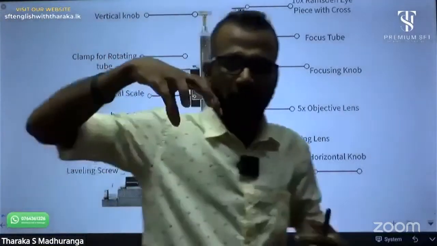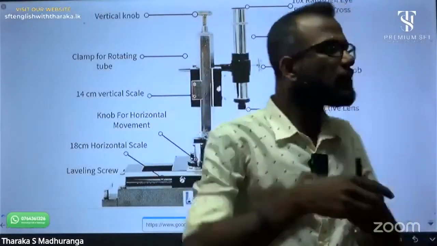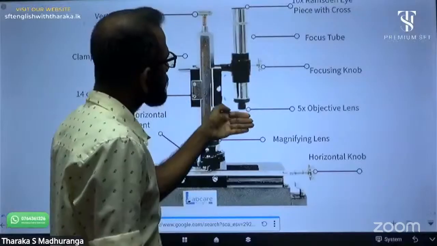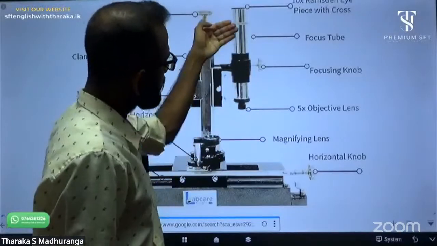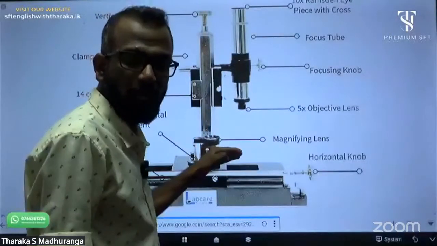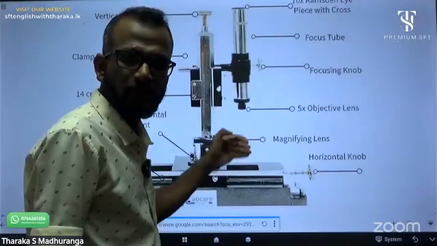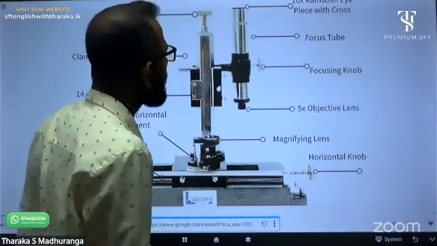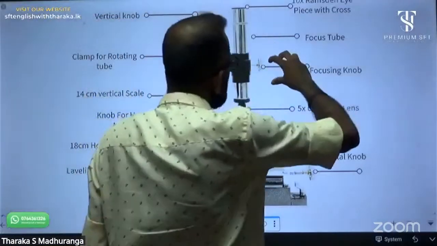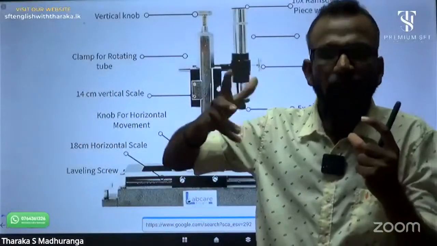After that, this is the vertical knob. By rotating this screw, we can travel the microscope along the vertical axis. We can adjust the height from this stage. And this is the focusing knob, which we use to focus.